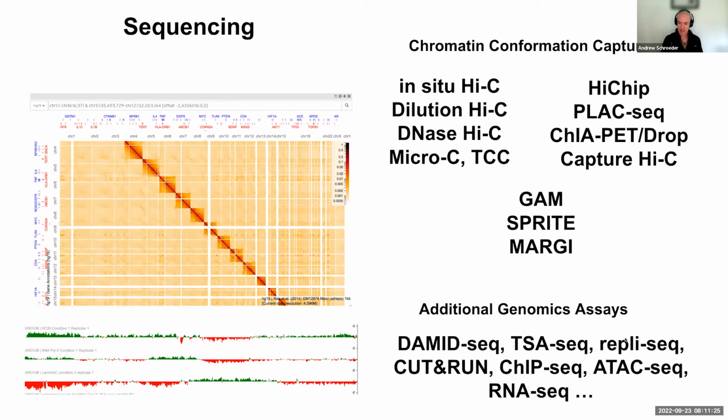Those that look at replication timing. Those that look at protein factor binding sites, so CUT&RUN and ChIP-seq, and chromatin accessibility and ATAC-seq, and gene expression RNA-seq. And those are more typically viewed in a browser as one-dimensional tracks, as shown below.